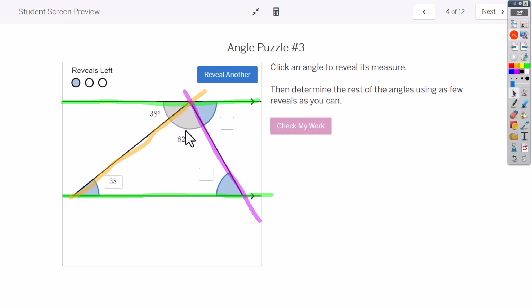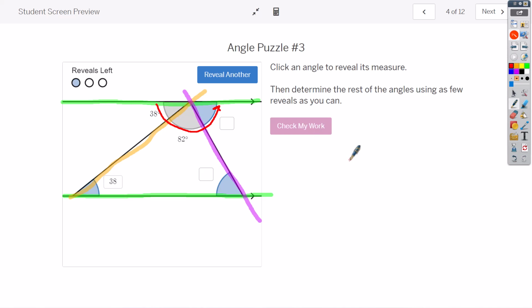If I know this is 82 degrees, and I know that all three of these should form a straight line, 38 plus 82 plus something should add up to 180 degrees. So let me start with 180 degrees.